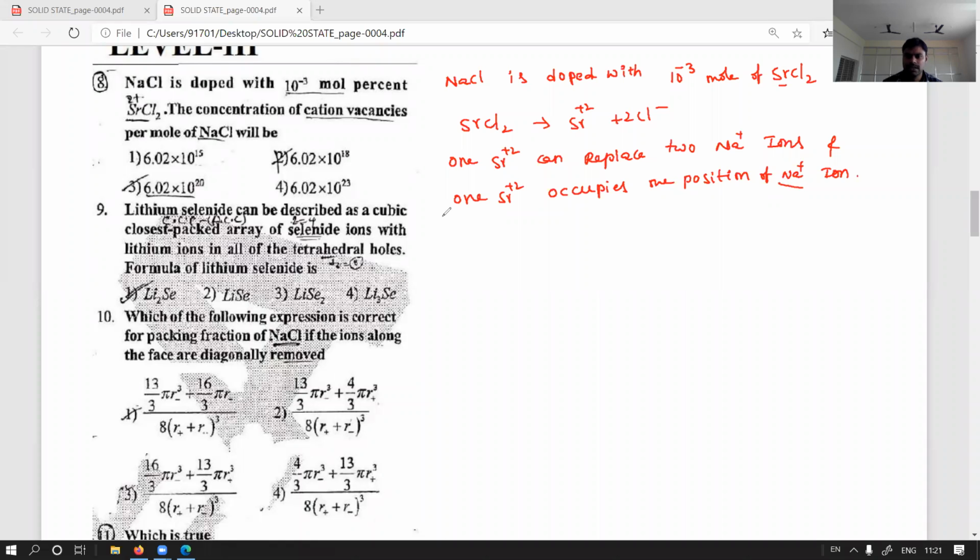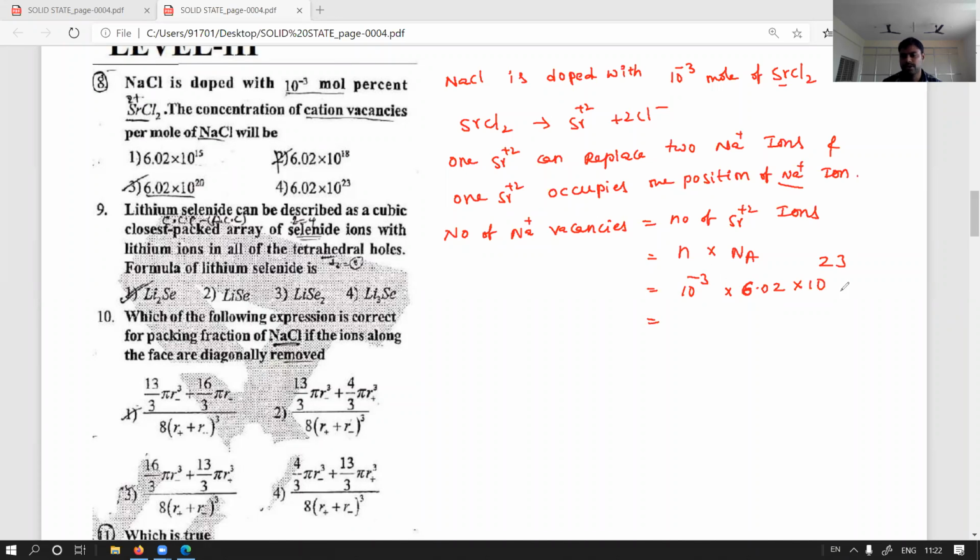According to that, the number of Na+ vacancies equals the number of Sr2+ ions. The number of Sr2+ ions is the number of moles times Avogadro number: 10 to the power of minus 3 times 6.02 times 10 to the power of 23.